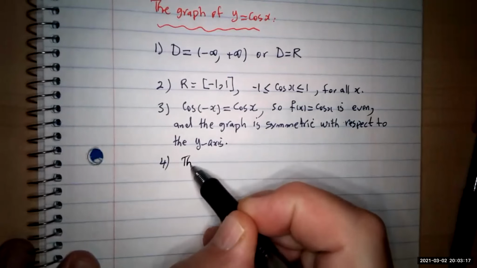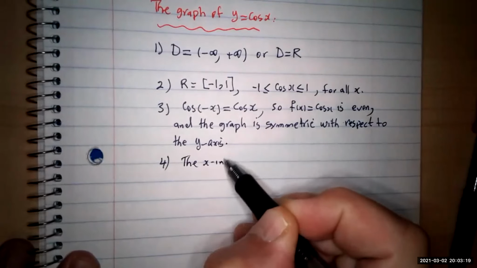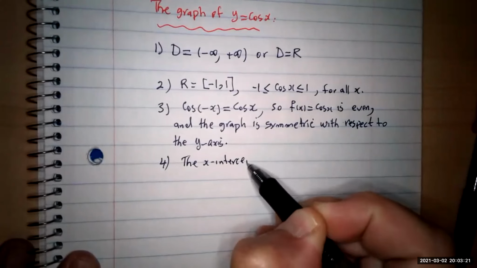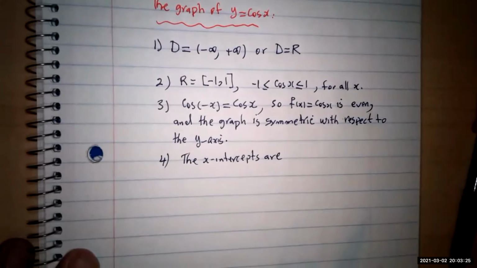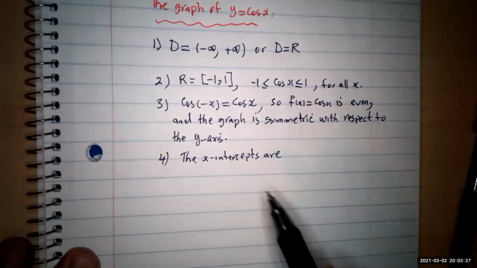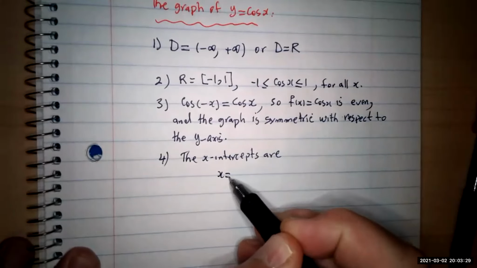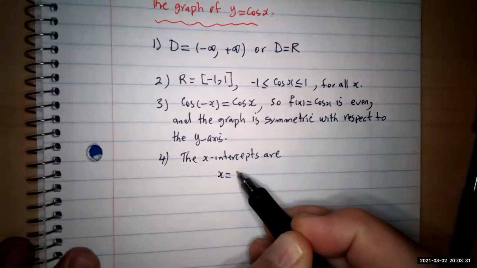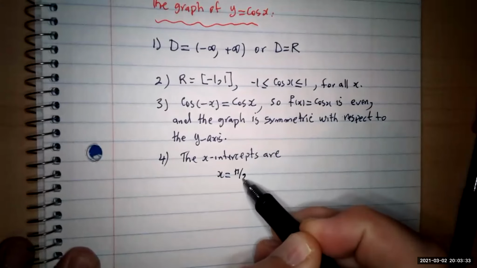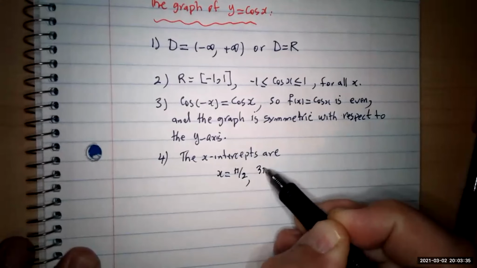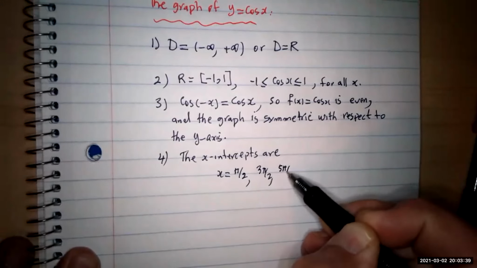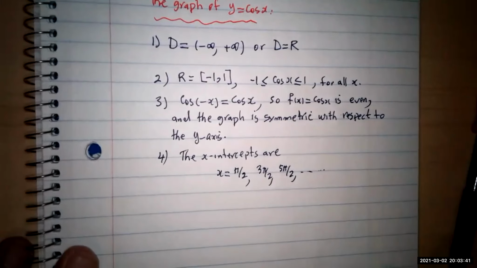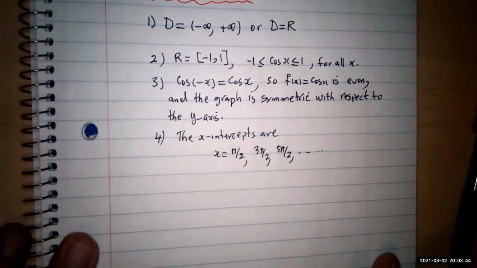The x-intercepts are going to be x equal to pi half, where it's 0 at this point, 3 pi half, and then 5 pi half, etc. So the graph would intersect the x-axis at these points.